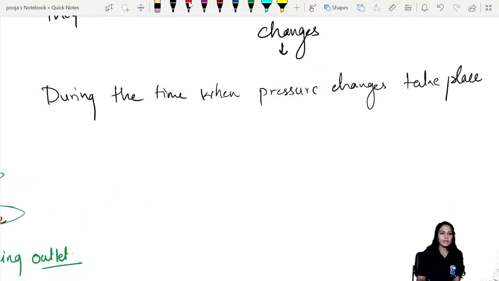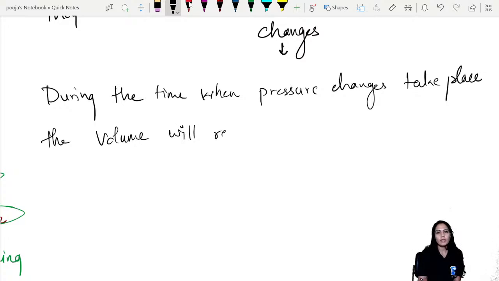The volume will remain the same, and if something remains the same, the terminology we use is iso. So isovolumetric change.